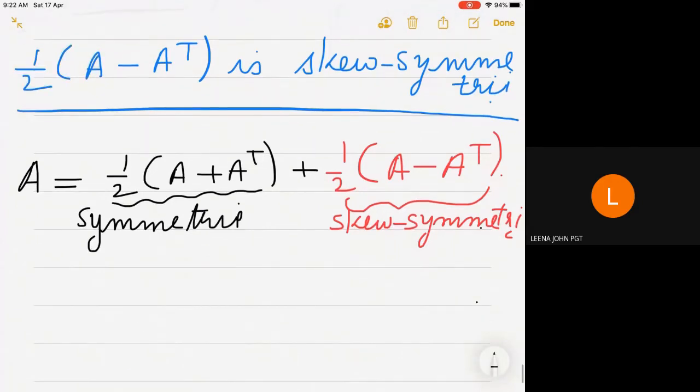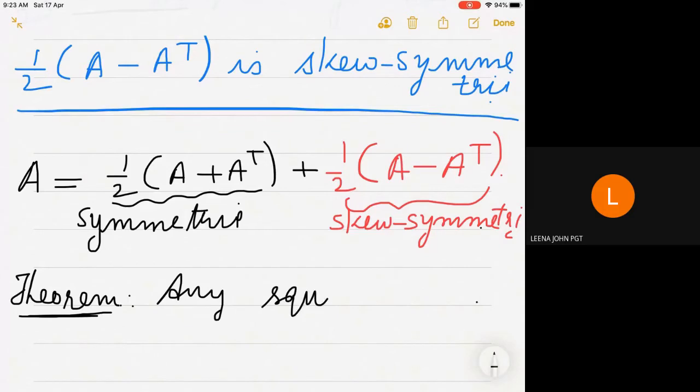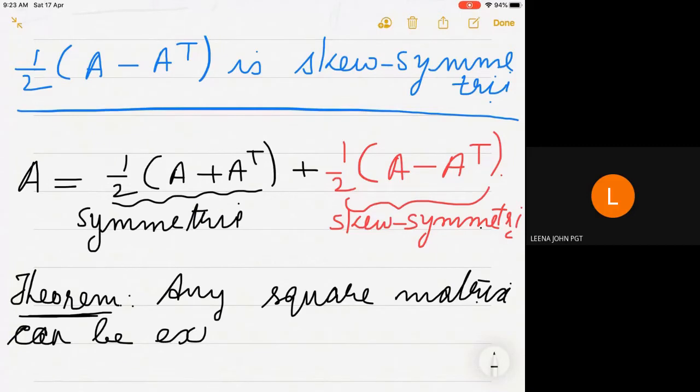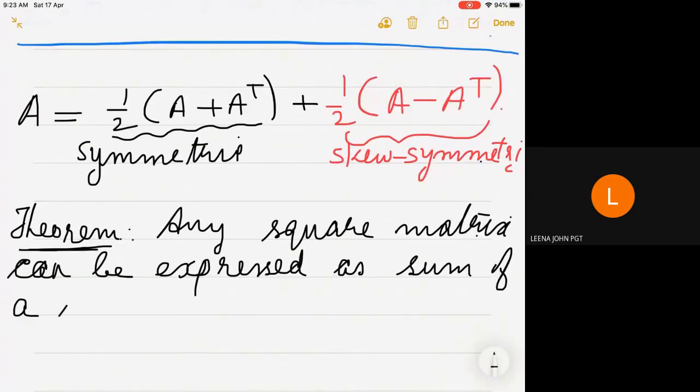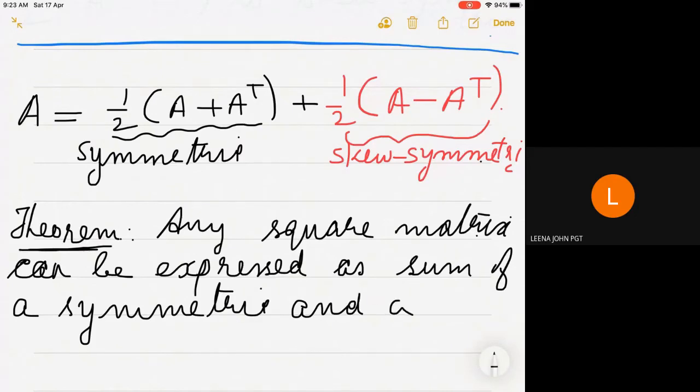So a theorem can be generated from here, that any square matrix can be expressed as the sum of a symmetric and a skew symmetric matrix.